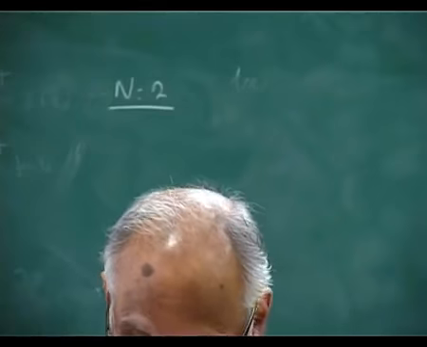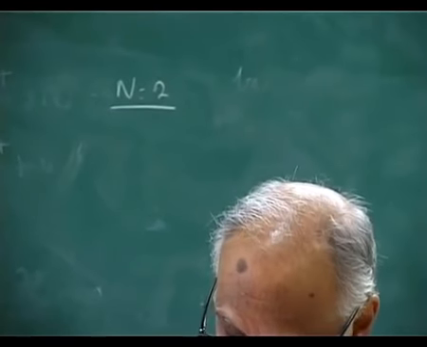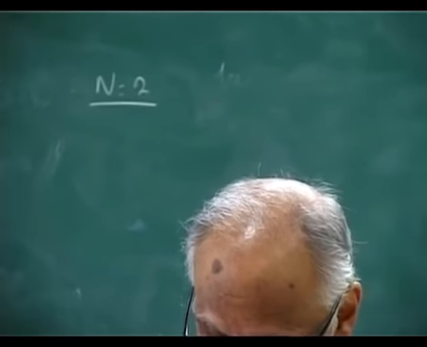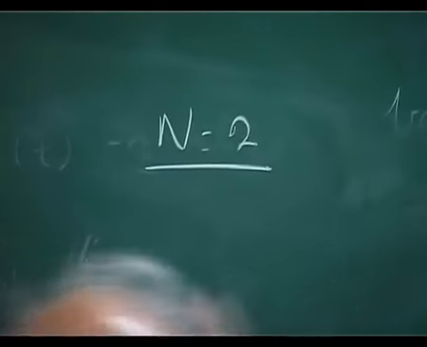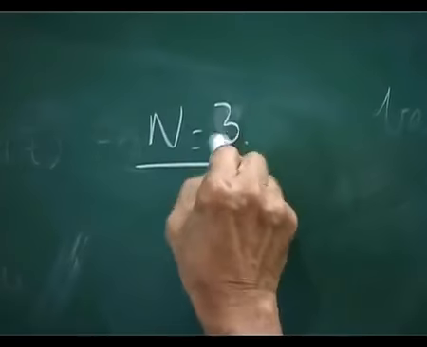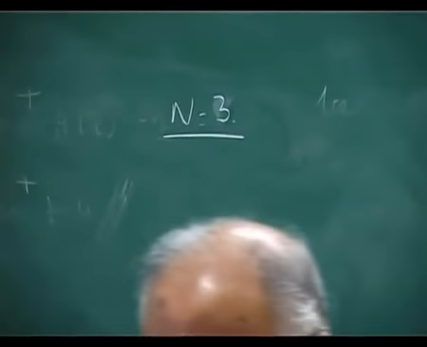Actually I have done it directly for n equal to 3. Okay. Let me do it for n equal to 3. N equal to 2 is too trivial. Okay. So n equal to 3.